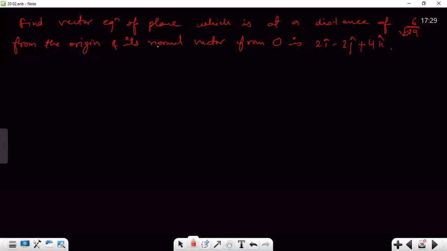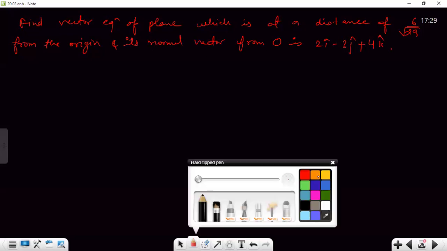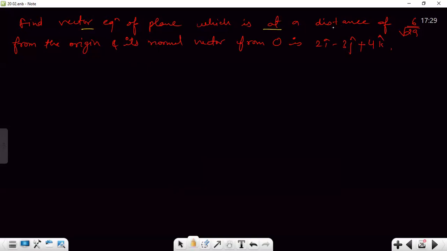Interesting. So let's reread the question. We have to find the vector equation of the plane which is at a distance of 6 by root 29. So D is 6 by root 29.